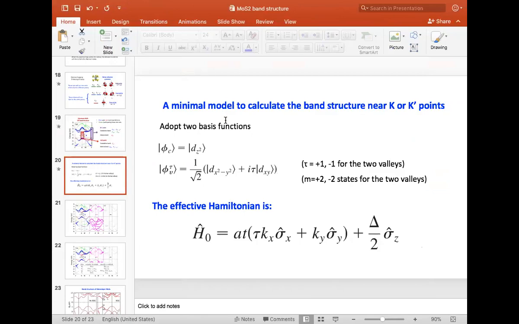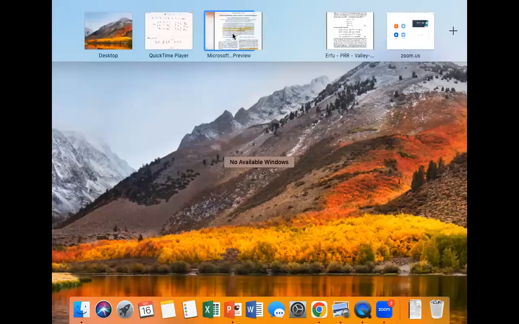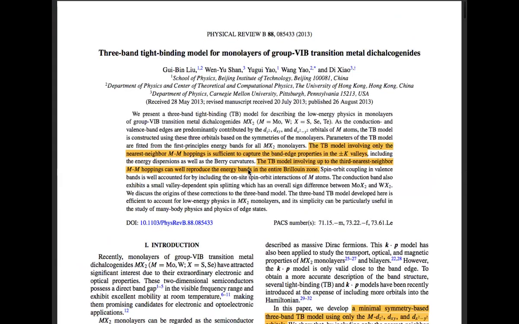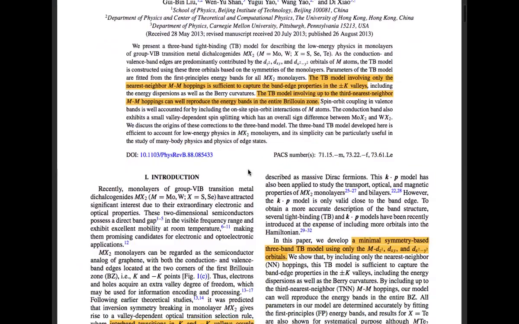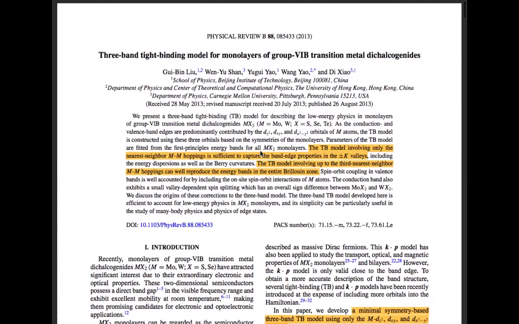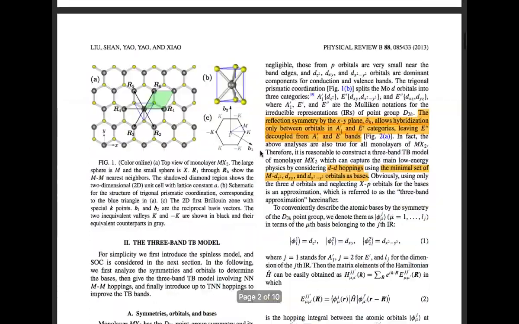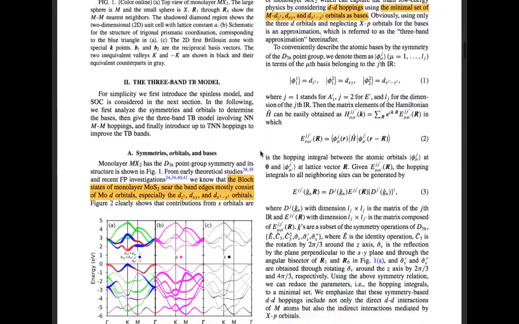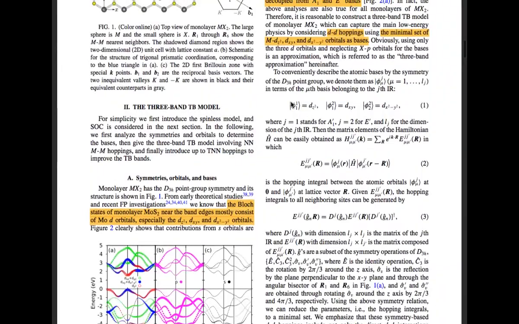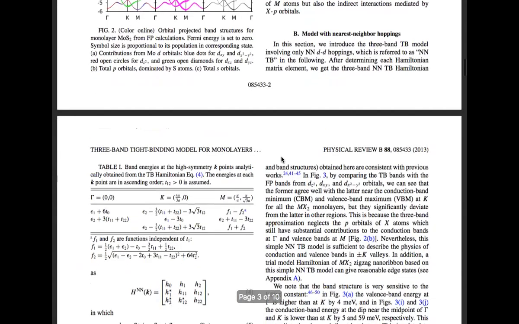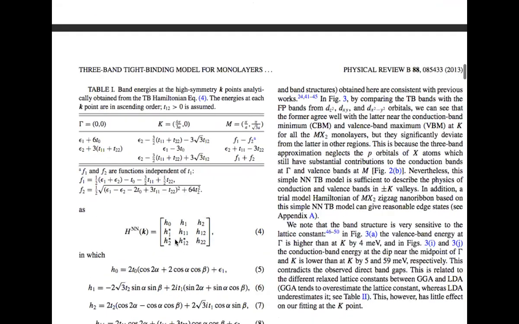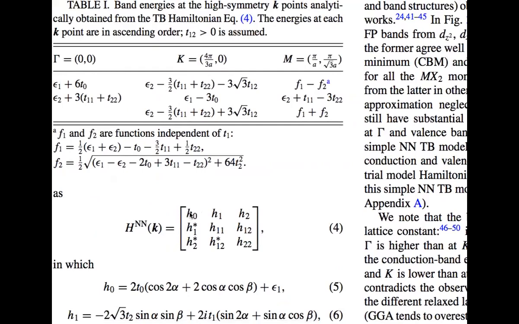Okay, so in this paper, they use the tight-binding model. Let me briefly go through it. So this is the first band, second one, the third one. This is what I showed you before. These 3 are the major ones. Then this is the Hamiltonian they set. He used a small h, but you get the meaning. 3 by 3.